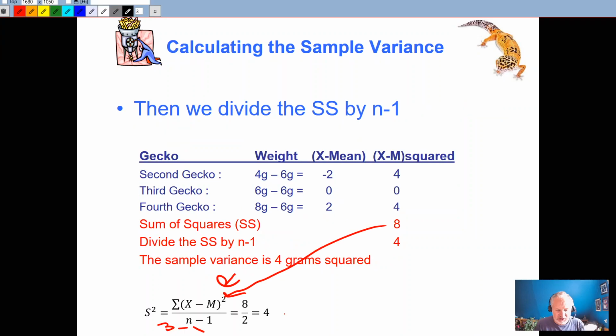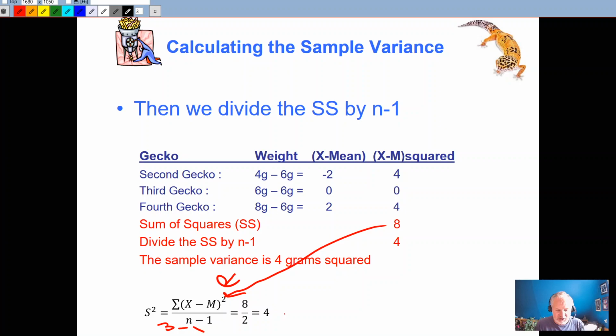So my sample variance is 4 grams squared. Now, as you can see, in the sample variance I use the alphabet letters: S squared for the variance, M for the mean, and little n for the size of my sample. Once again, the variance of 4 is 4 grams squared.